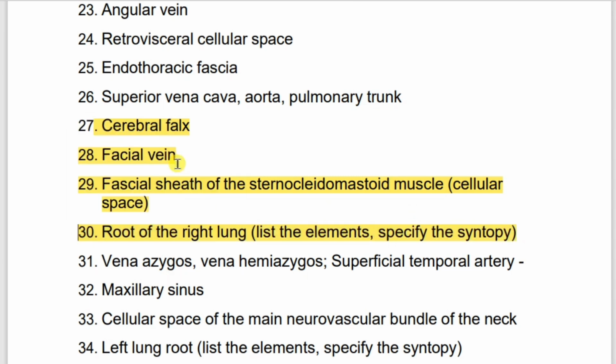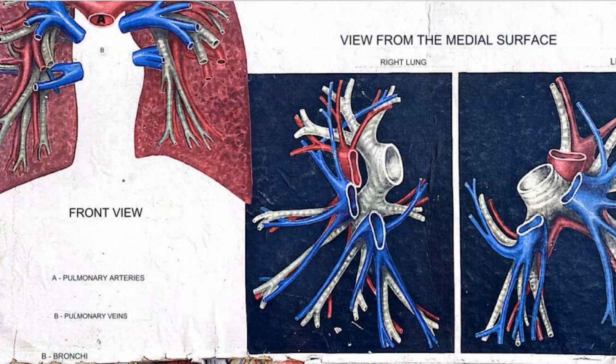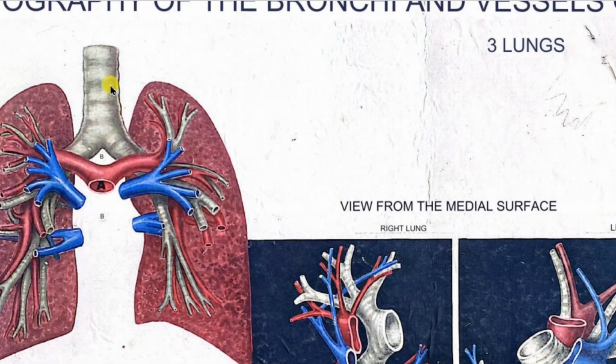Okay. So the next structure we have here is the root of the right lung. Where can we find it? We can find it in the thoracic region. So let's have a look here. This is our lung and this is the root of the right lung. Let's see the peculiarities of the root of the right lung. As you can see, it's on the mediastinal surface.